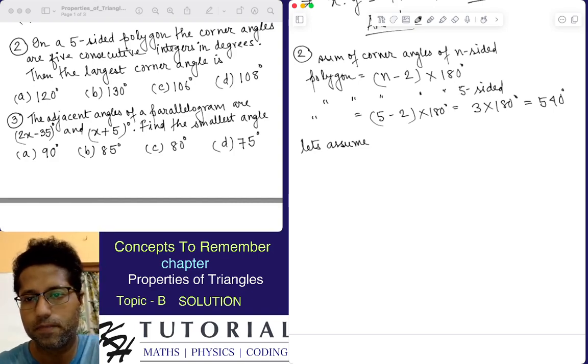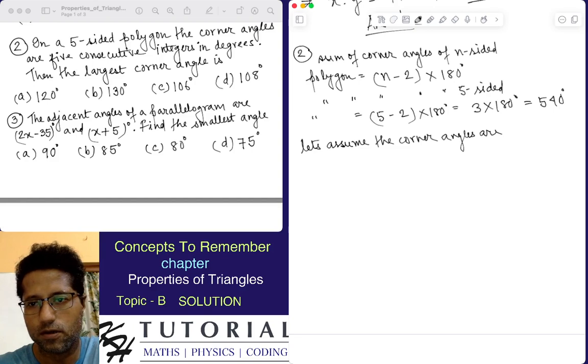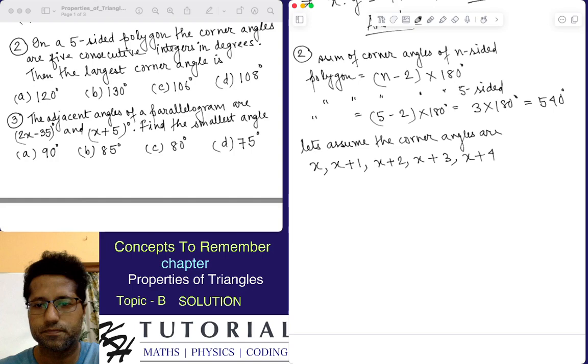Now let's assume the corner angles are, the first angle, that is the smallest angle, is x, then the next larger angle will be x plus 1. Since the angles are consecutive integers, we can have x plus 1, x plus 2, x plus 3 and x plus 4. You can do this.